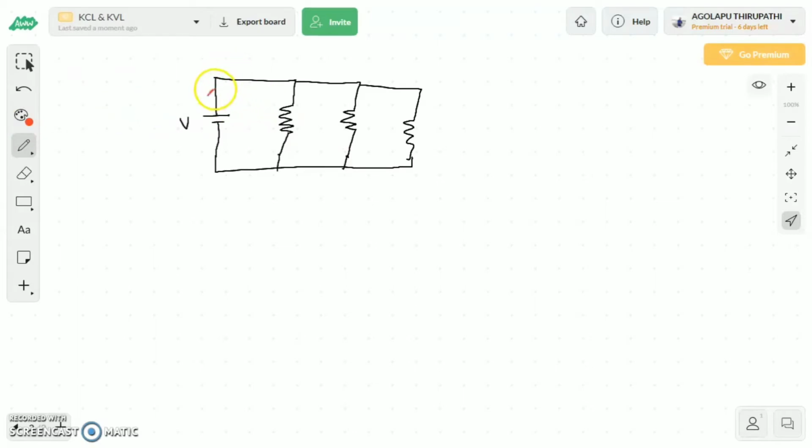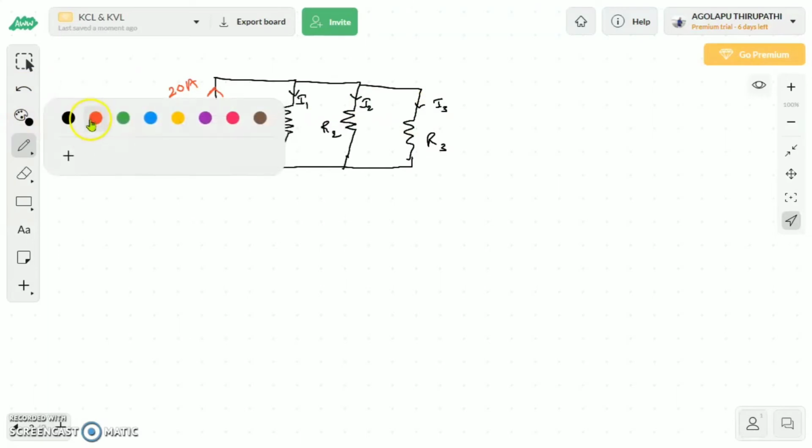The current delivered from this voltage source is 20 amperes. Take this as R1, R2 and R3. The currents flowing through them are I1, I2, and I3.